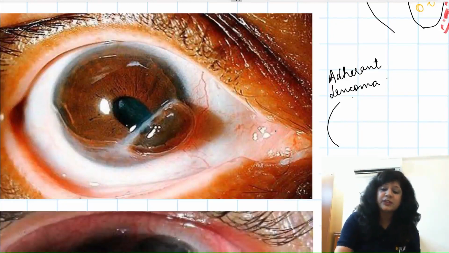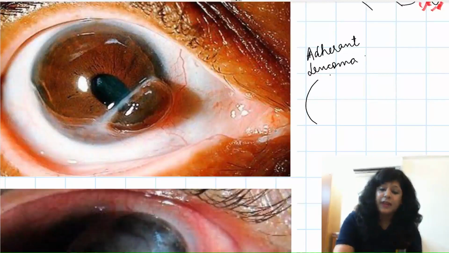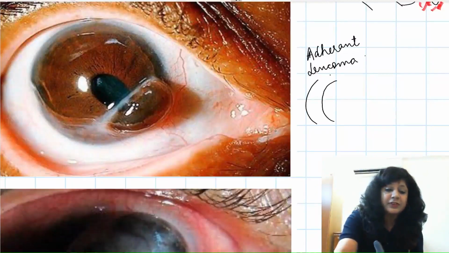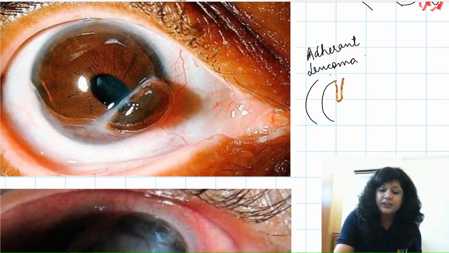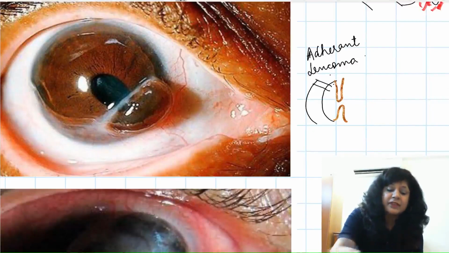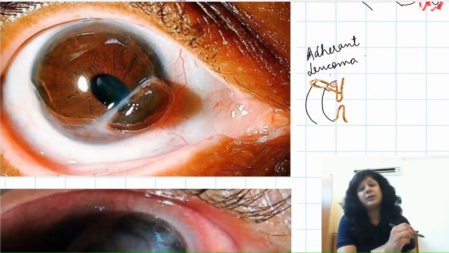Suppose this is the cornea, okay, and these are the layers, and here we have the iris. Iris I'll draw with the brown, okay. So here this is the iris. Now, suppose there is a small perforation in this part. So what will happen? This iris will go and it will seal this corneal perforation.